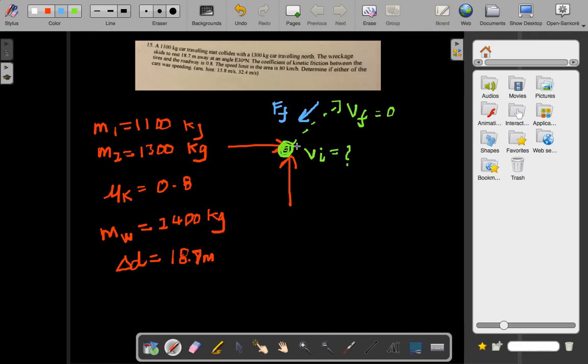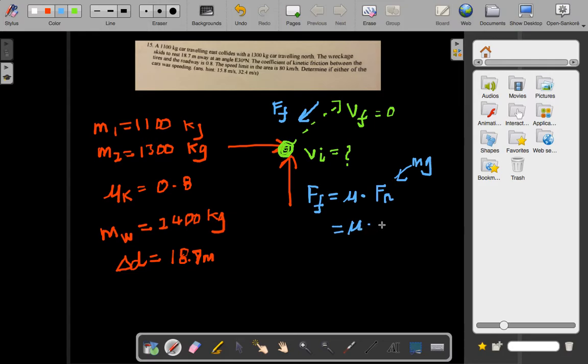So we're now going to solve for the force of friction. We know that the force of friction is equal to mu times the normal force, and the normal force is mass times the acceleration due to gravity.